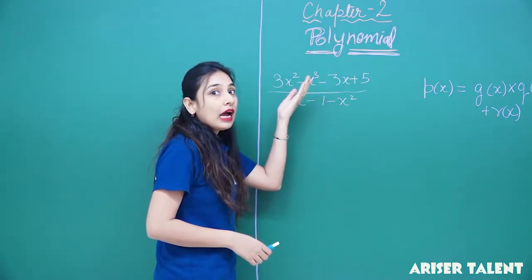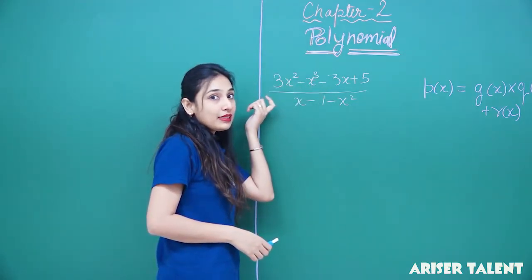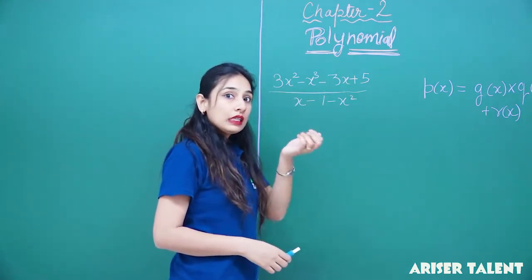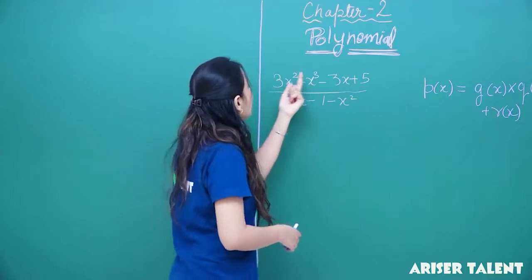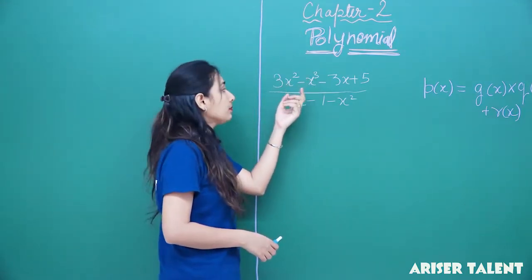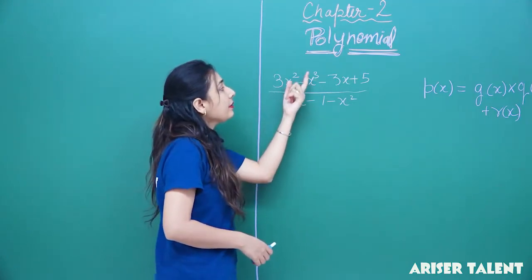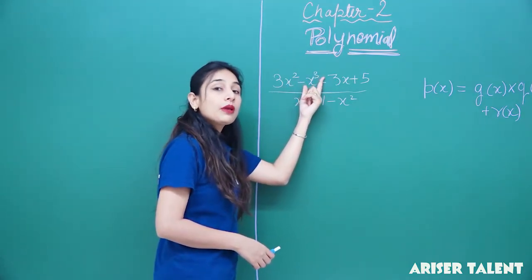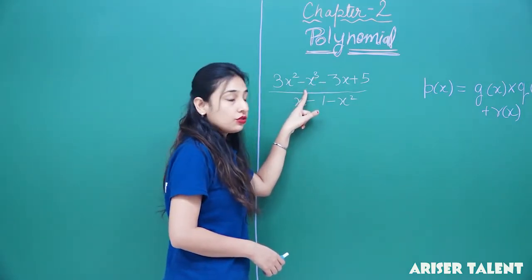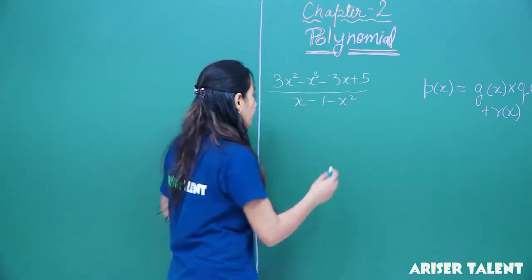Higher power at the first place, then the term with the lesser power. Because 3 is the highest degree here, we will write minus x cube first. So this term will be written first.